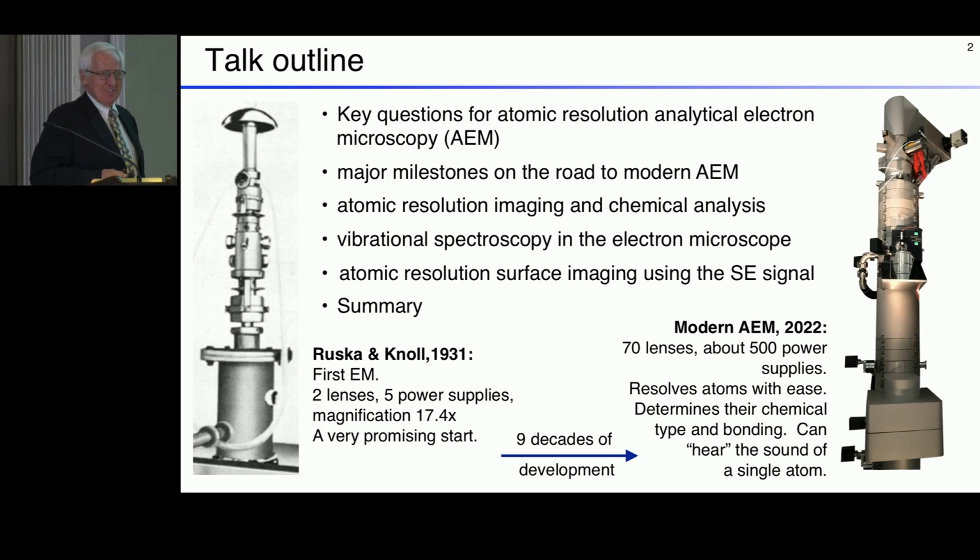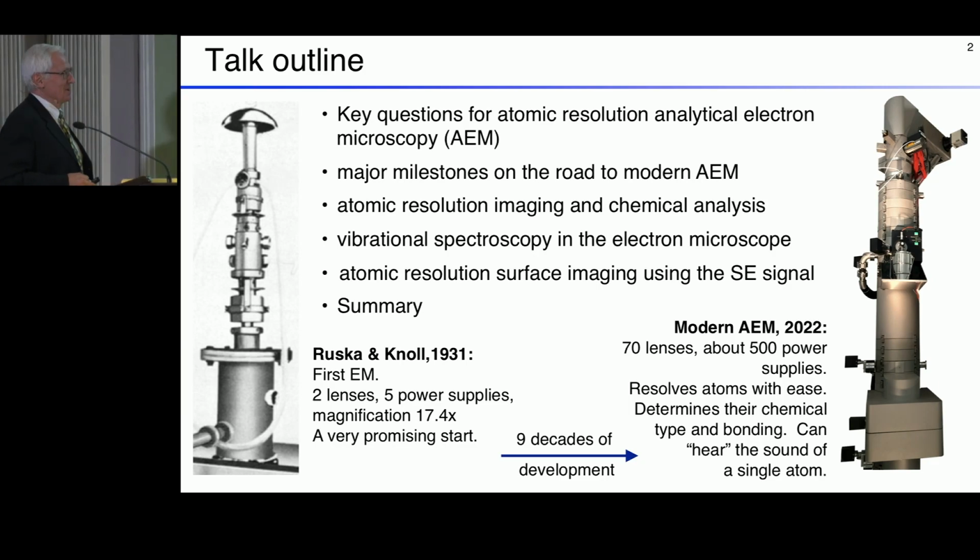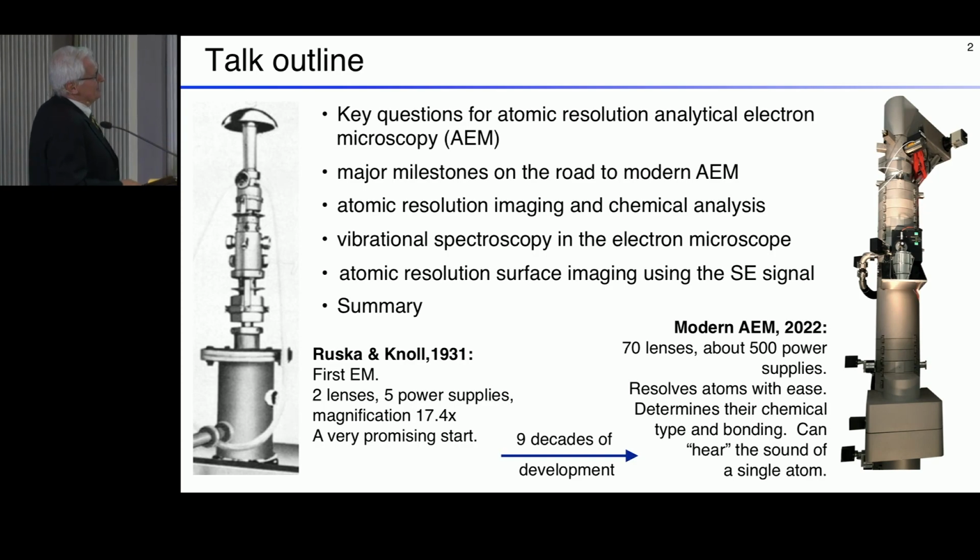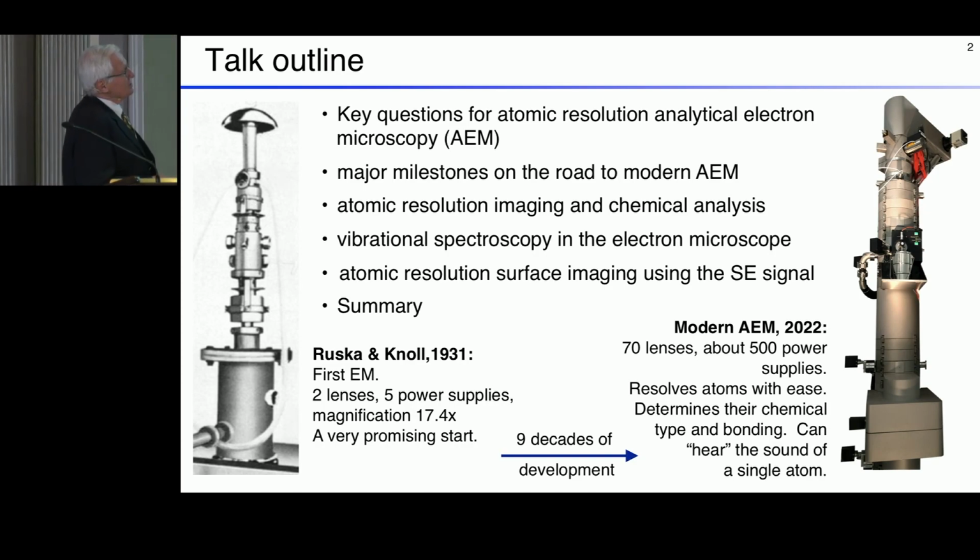So the images weren't that great, but it was a wonderful start. The second World Congress on Microscopy from now is going to be in Berlin in 2031, celebrating these 100 years of electron microscopy. 9 decades of development, and you have a modern electron microscope.